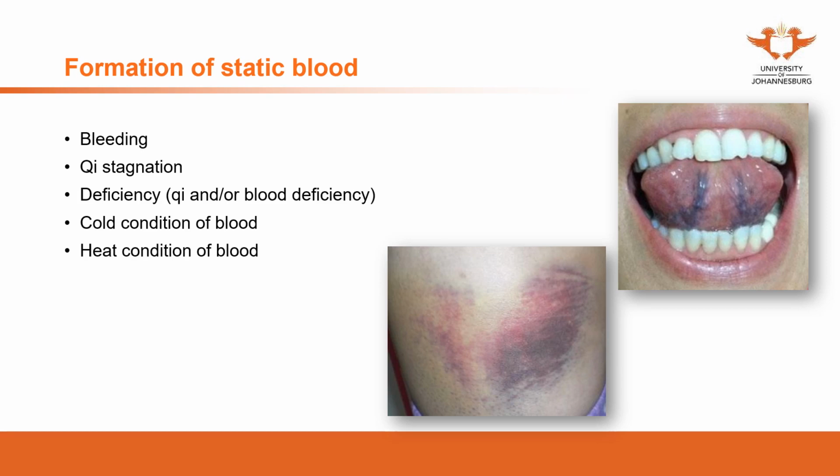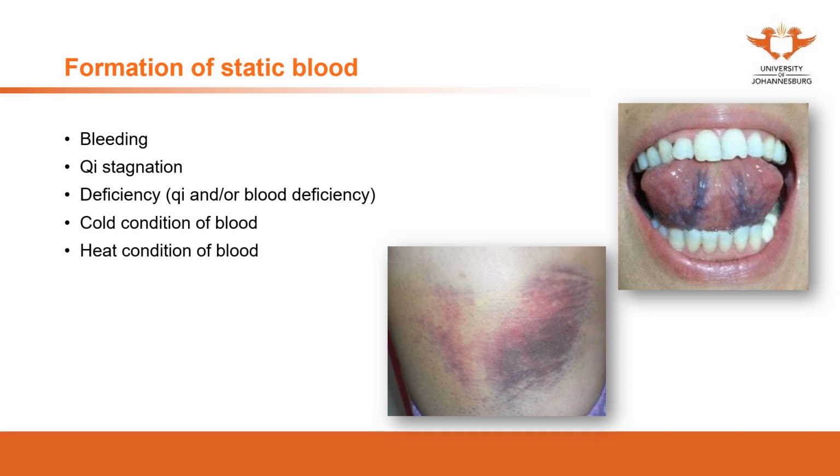The reason why the heat condition can cause static blood is very similar to cooking. The hot condition, or the fire in the body, is like when you cook soup at home. When you use the fire to cook, the water will be concentrated, and the volume of water in your pot will be less.